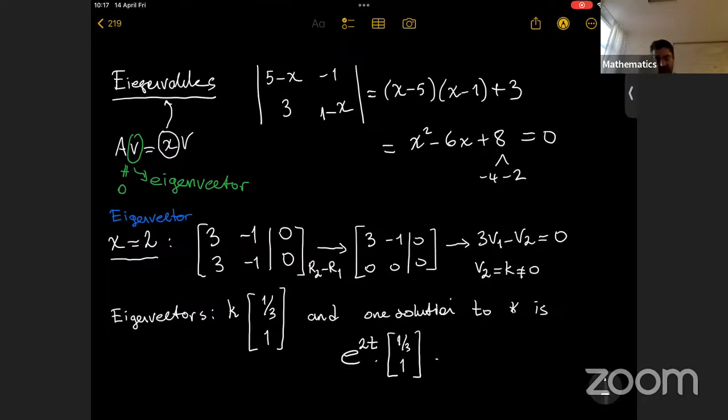Okay, so this is a solution, and we will get another solution like this, and then a combination will give you the general solution.